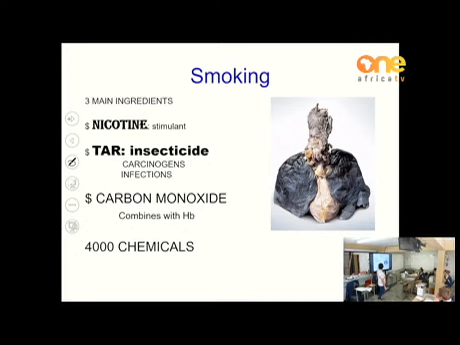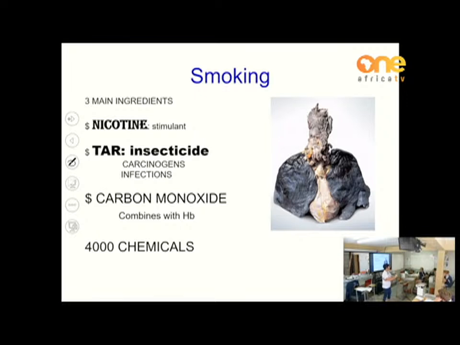And then the third one is carbon monoxide. Carbon monoxide combines with the hemoglobin. Interesting. We always think hemoglobin is to carry oxygen. But you know what? Actually, that hemoglobin molecule has a higher affinity. It means it loves carbon monoxide much more than oxygen.